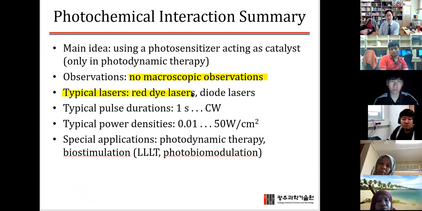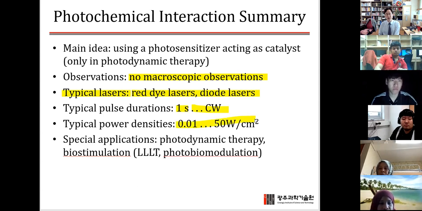Typically a red dye laser or diode lasers for the red color are used for PDT, but for biostimulation or low-level light therapy, multiple different wavelengths can be used. Also typically the pulse is long, so either something like 1 second, or you can use continuous illumination from a CW laser source.